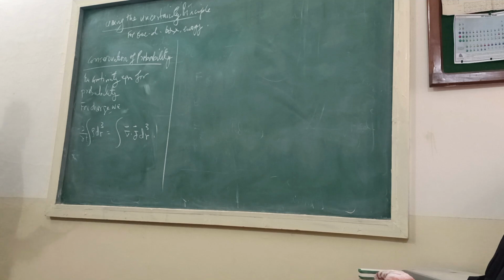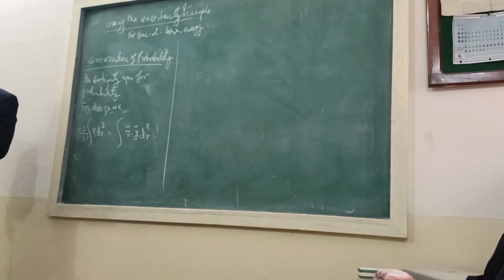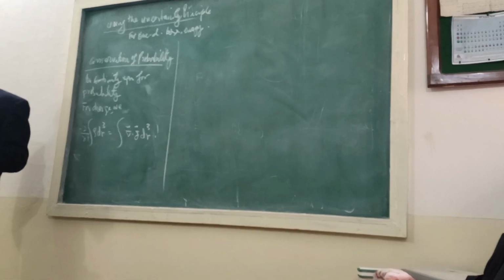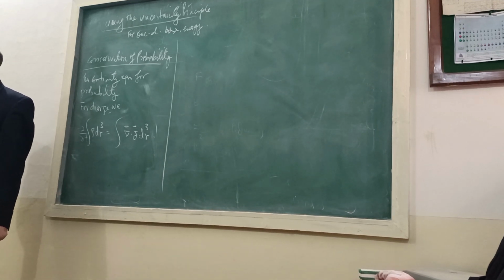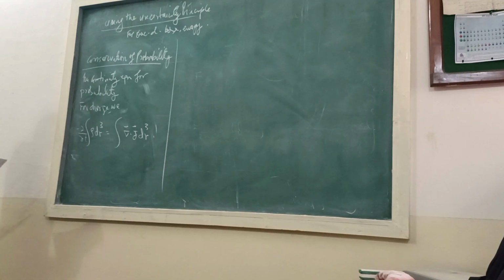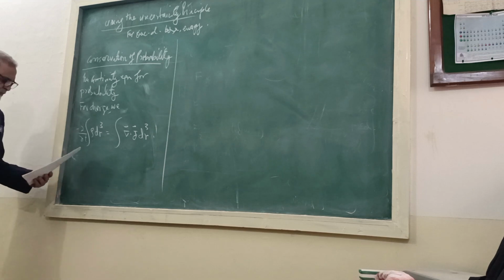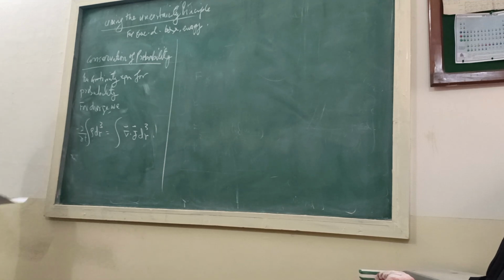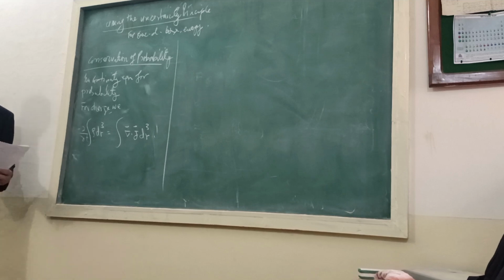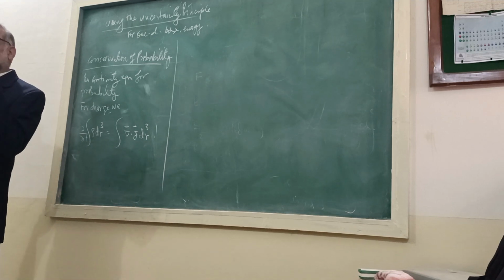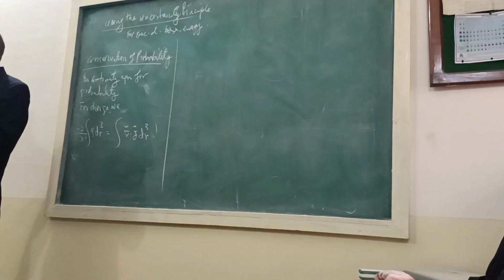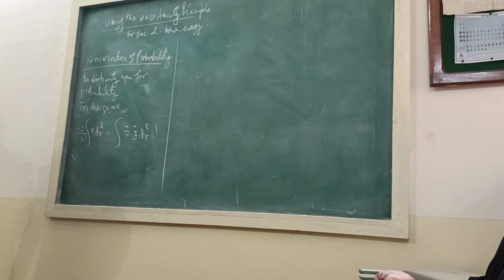So, in this manner, we can prove that if probability is decreasing at one point, the probability must be increasing at another point. That is the law of conservation of probability. Now we start with the Schrödinger equation. The probability density is psi star psi, which is equal to psi modulus squared.